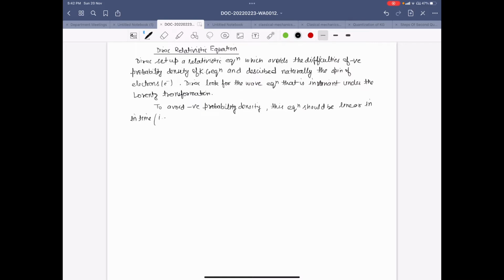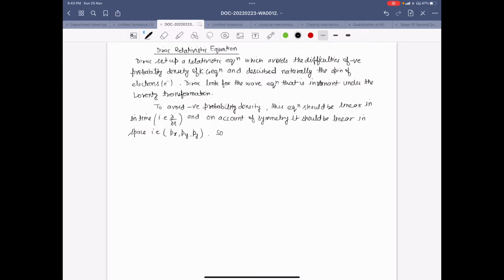For that purpose, he took curly t, and on account of symmetry, it should be linear in space. Hence, px, py, pz.